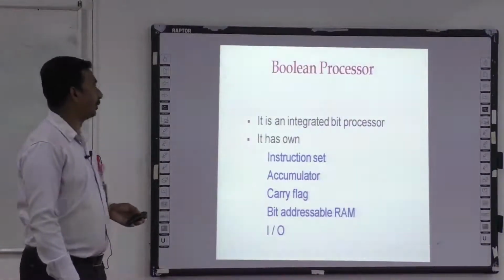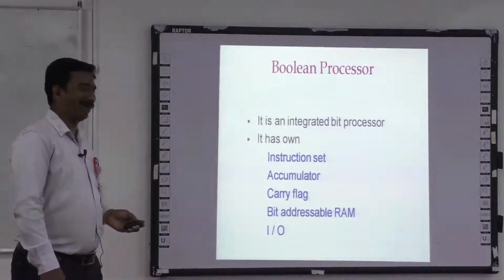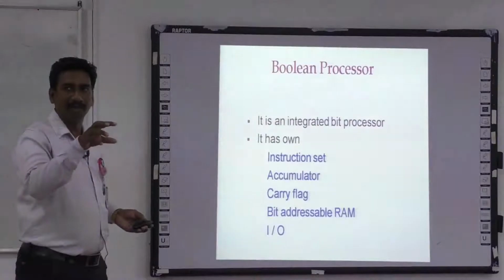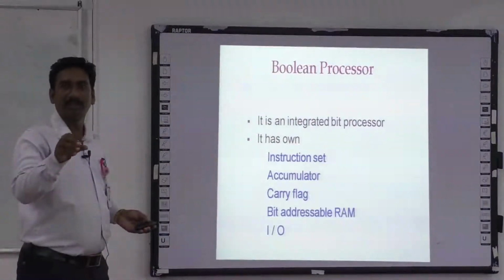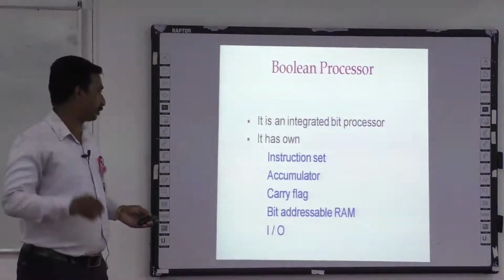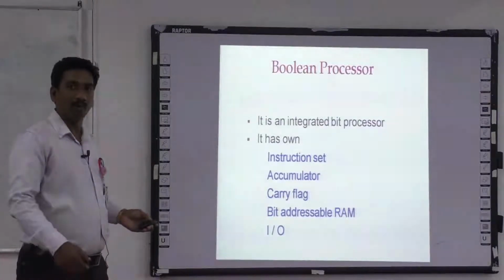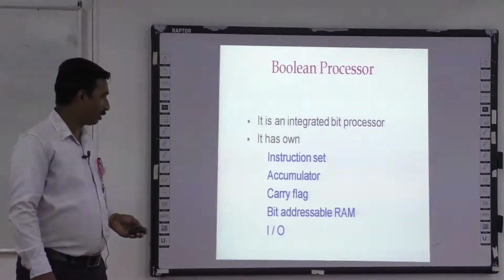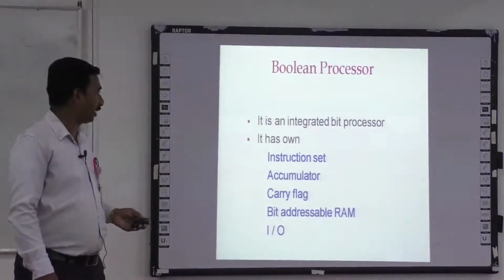And next one is Boolean processor. Basically the microcontroller will process the arithmetic and logic operations. How can we do that? We can make use of input output, bit addressable RAM, carry flag, accumulator and instruction set.